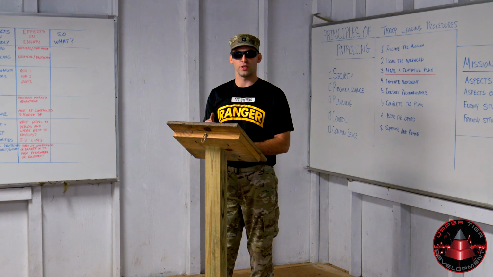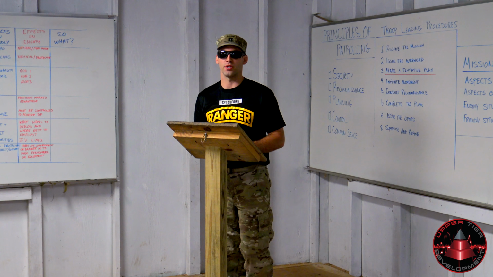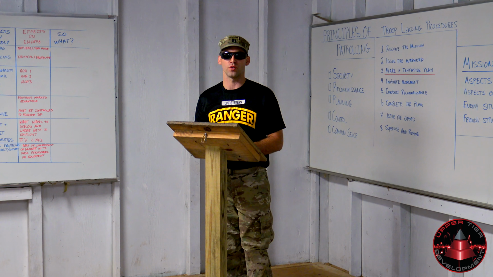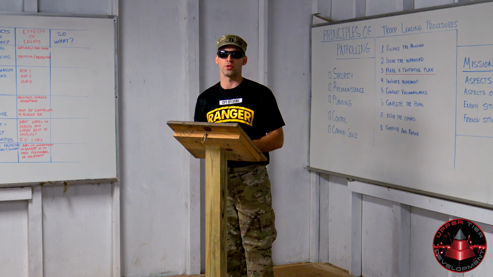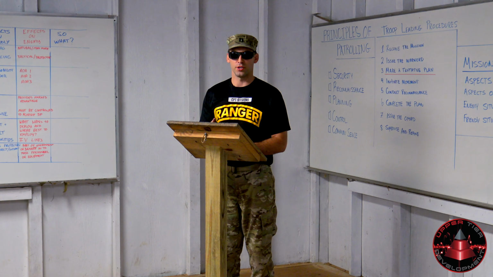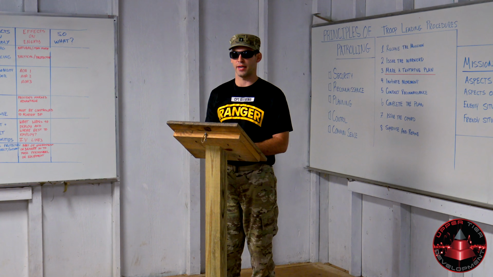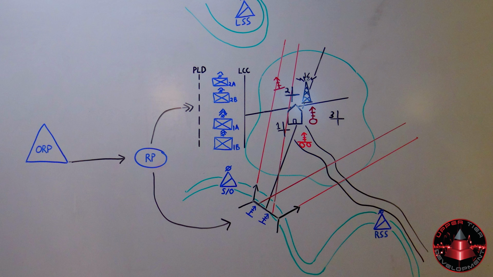Then you're going to go over your hasty enemy analysis. Your hasty enemy analysis, again, is just going over who, what, and where. You're identifying where the enemy is that you're going to be fighting, and then who they are, and generally what they're doing. Then you're going to make sure that you identify all of this on the map. You're going to point it out and actually show your subordinates where it is.